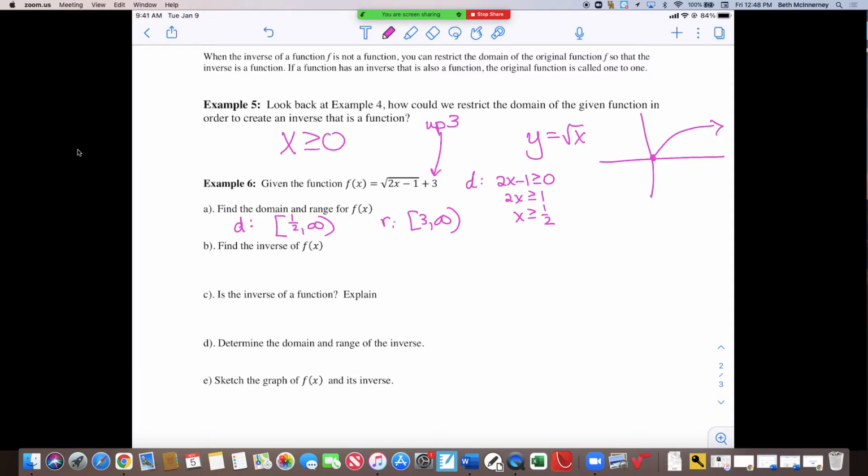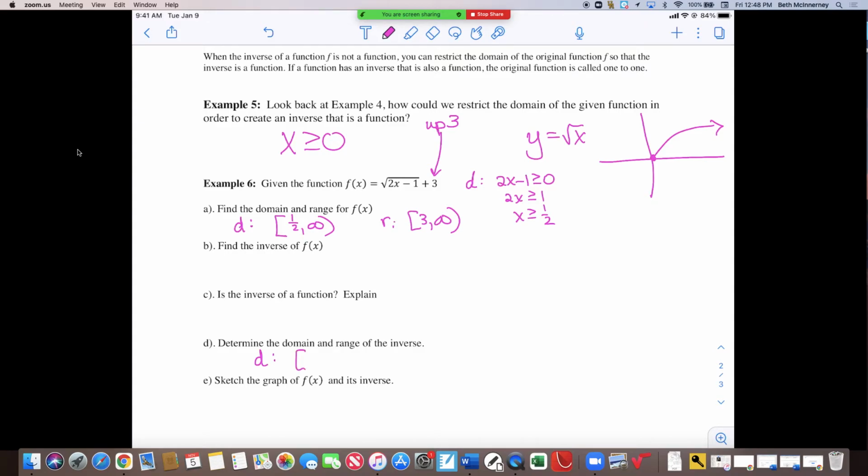Now, I want to do something immediately from here. The domain and range of the inverse are the flip of the domain and range of the original function. So let's jump all the way down to letter D. If you switch the x and the y, what is the domain now of my inverse?